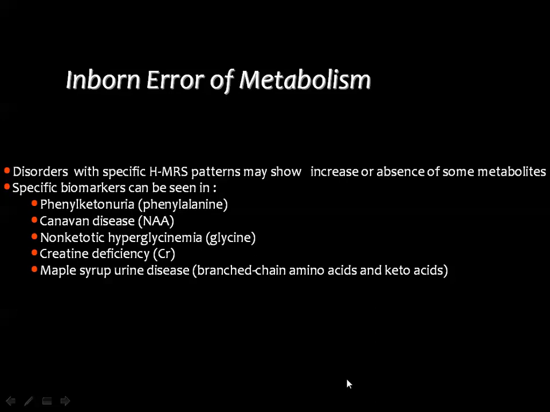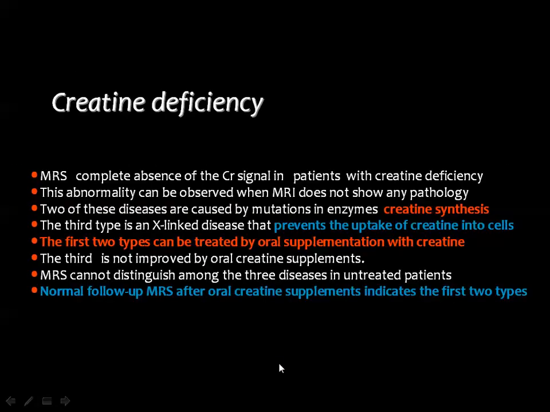Some errors of metabolism can be diagnosed by MR spectroscopy, especially creatine deficiency, which is one of the well-known lesions where MR spectroscopy can help. And you know that the creatine signal is a constant peak in the MR spectrum. In cases of creatine deficiency, we have three types.